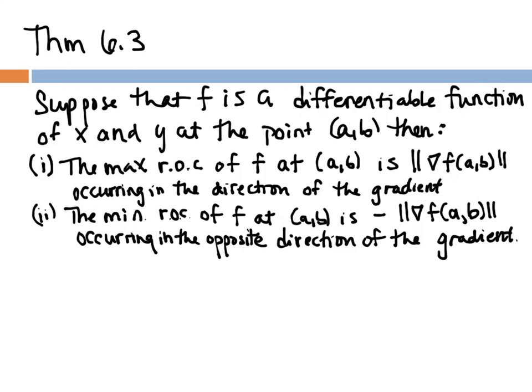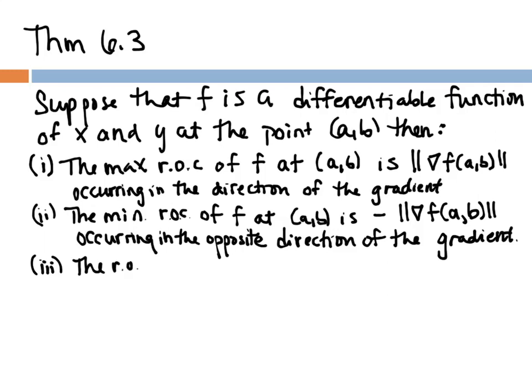All right, a couple more features that we can write in here. So we've talked about maximums and minimums. Another important rate of change is the rate of change 0. We're going to be using that in the next section quite a bit.